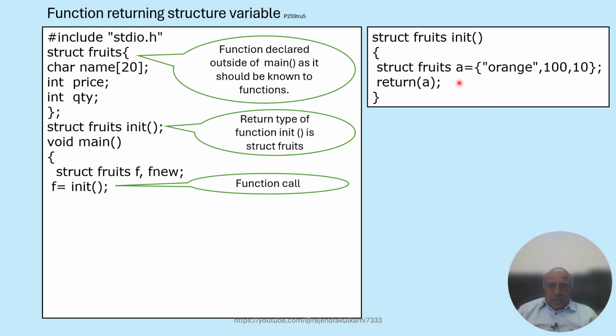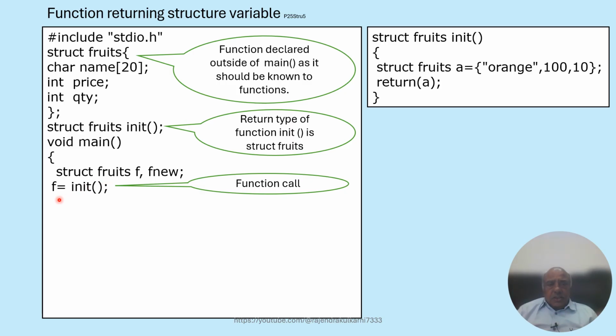Once this a is initialized, the function returns the variable a of type struct fruits, which is collected by the variable f of type struct fruits we have declared in the main.